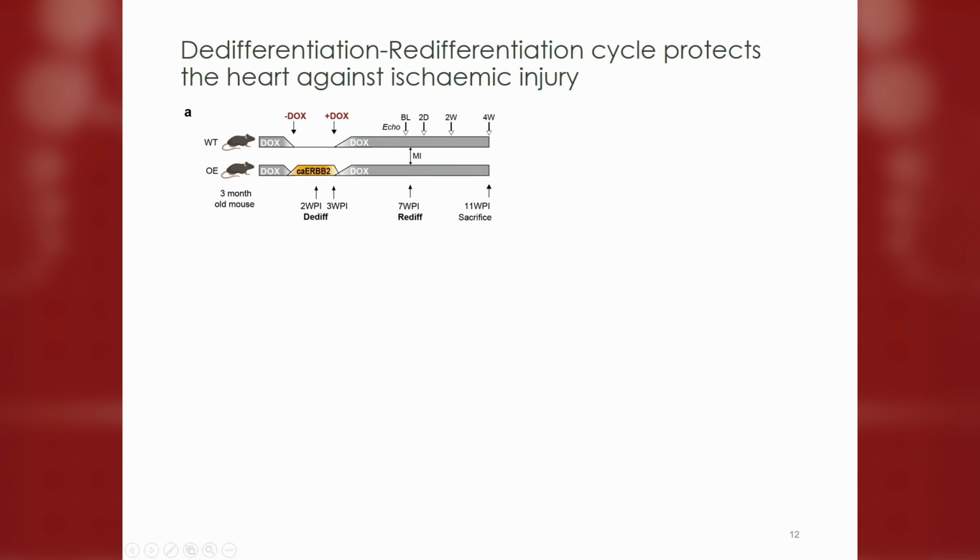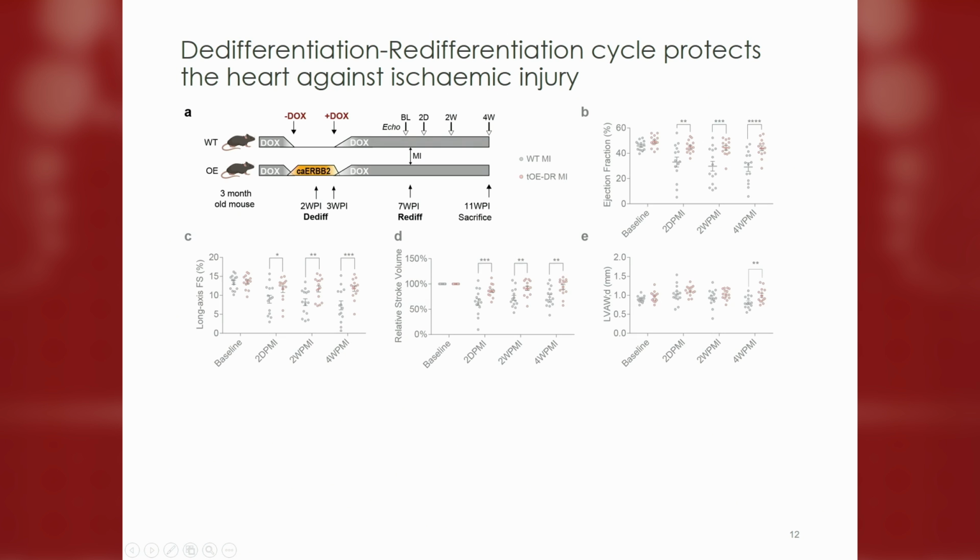So we asked the following question: what happens if we do a D-diff, RE-diff cycle, meaning that we activate ERB2 in cardiomyocytes for 2 weeks, we turn it off, and then we wait 1 month, and only now do we do MI on these hearts. So look what happened.